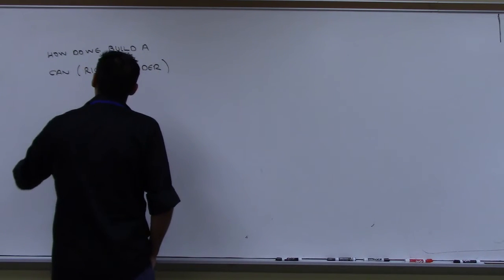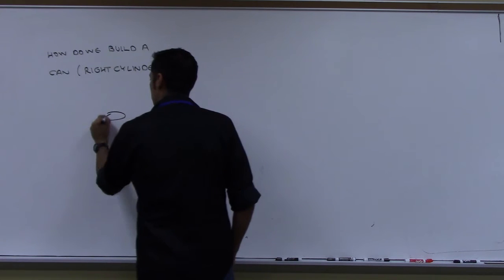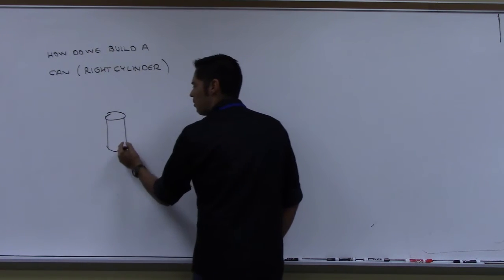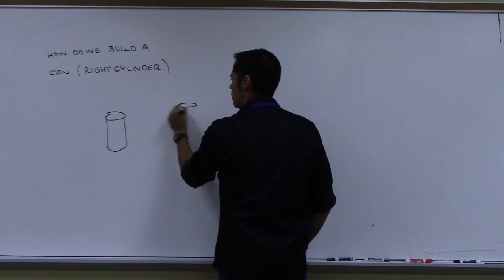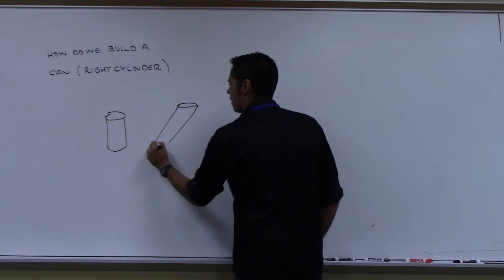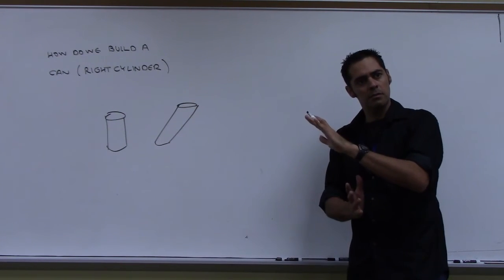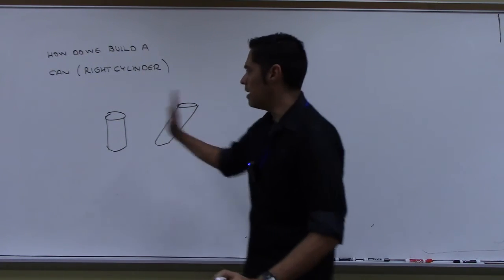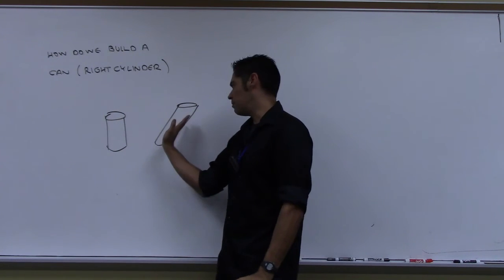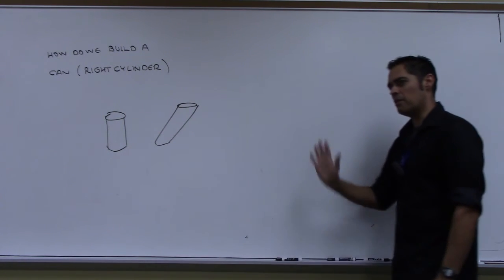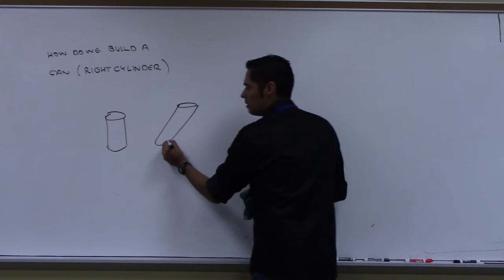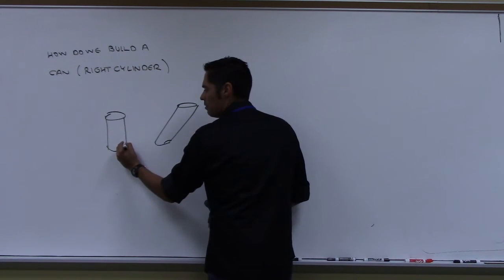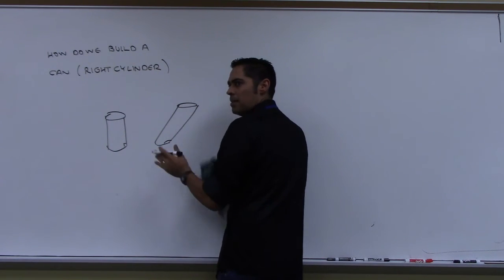What is a right cylinder? It's a cylinder that has a right angle at its base, as opposed to something like this, where it's tilted over. So this is a right cylinder as opposed to a skewed, laid over one. This angle in here is obtuse. This angle from the side of the can to the bottom is a 90-degree angle.